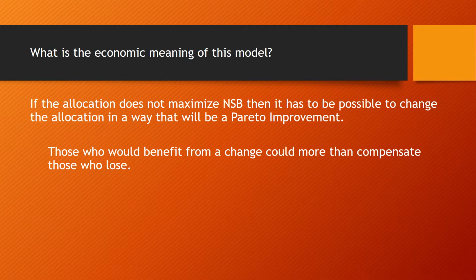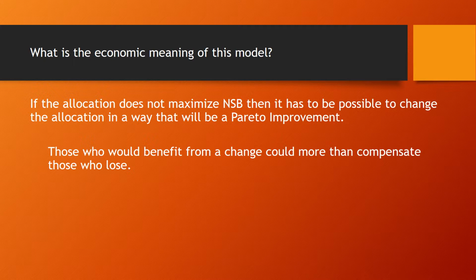Think about either of the circumstances that do not maximize net social benefit. If the allocation does not maximize net social benefit, then it has to be possible to change the allocation in a way that will be a Pareto improvement.